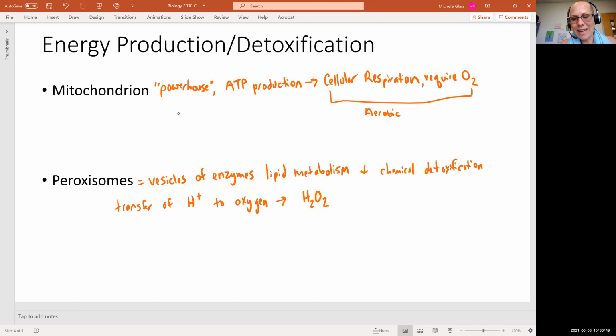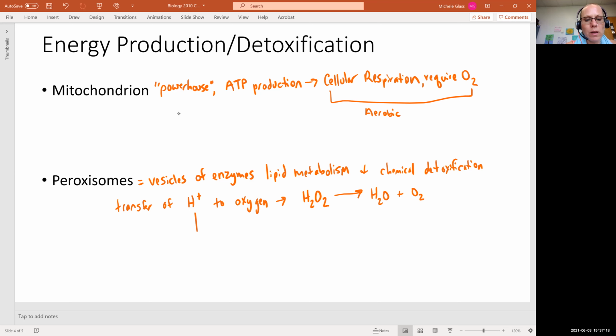And then hydrogen peroxide can be broken down into water and oxygen gas. And so you're taking a potentially hazardous molecule, hydrogen peroxide, and turning it into water and oxygen. So no big deal.